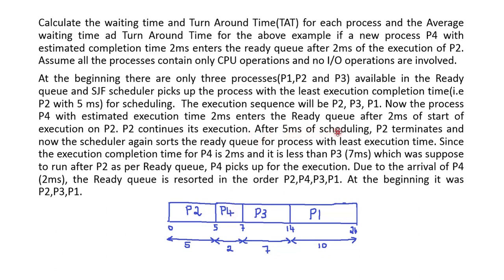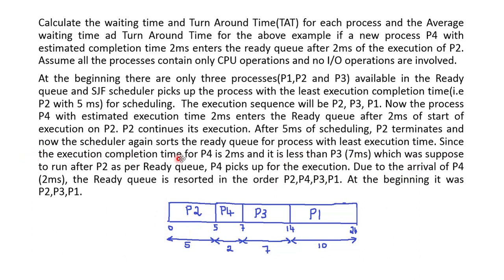After 5 millisecond of the execution of P2, P2 terminates and now the scheduler again sorts the ready queue for the process with the least execution time. Since P4 entered the ready queue somewhere while P2 was executing, the scheduler once again sorts the ready queue soon after the completion of P2.